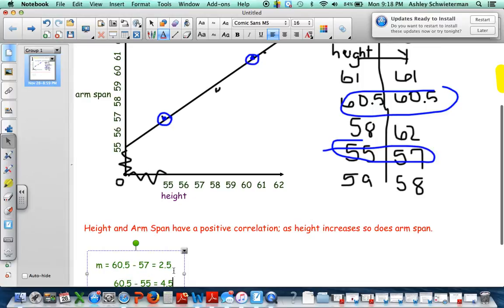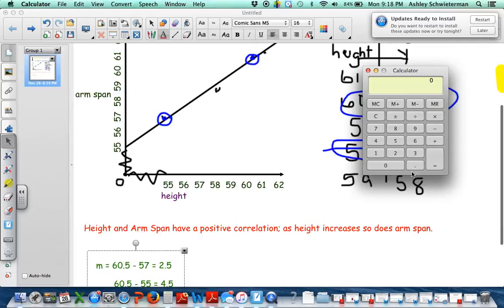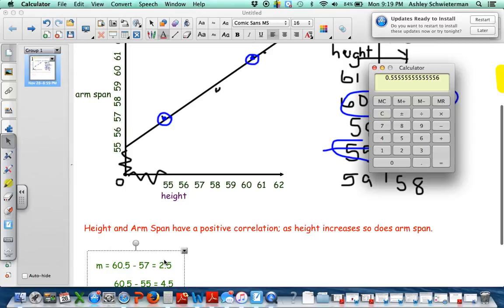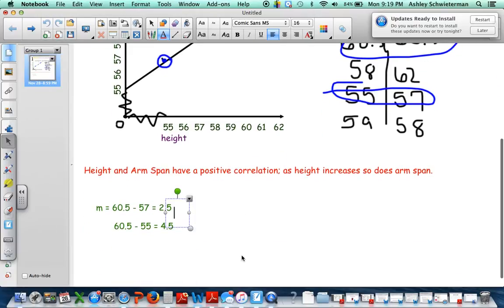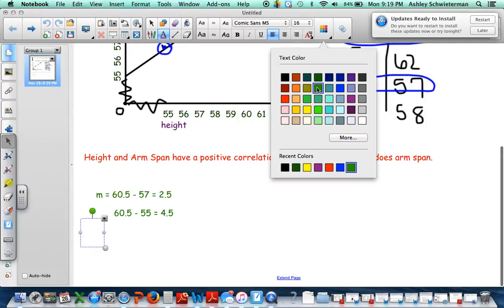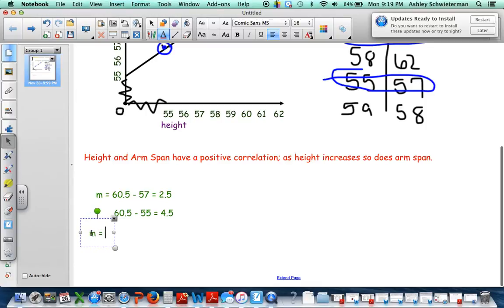So I have 2.5 over 4.5, so I can literally take, in my calculator, 2.5 divided by 4.5, and if you push second or math fraction, it will change it to a fraction for you, but that's just 5/9. So my slope is 5/9.